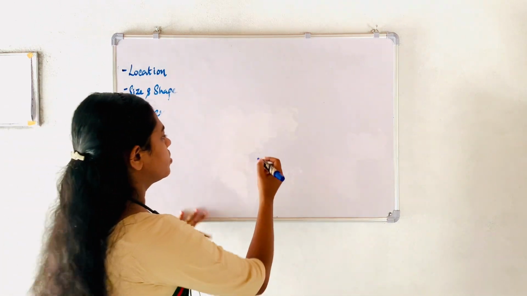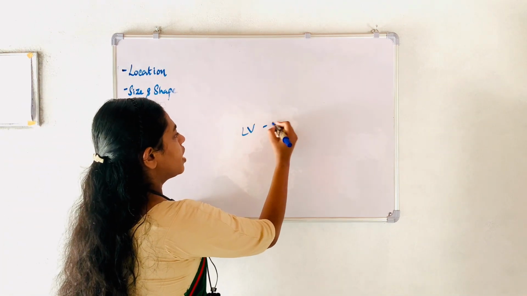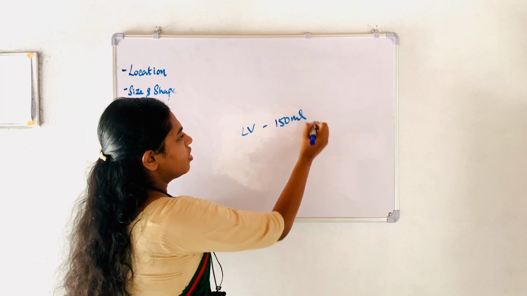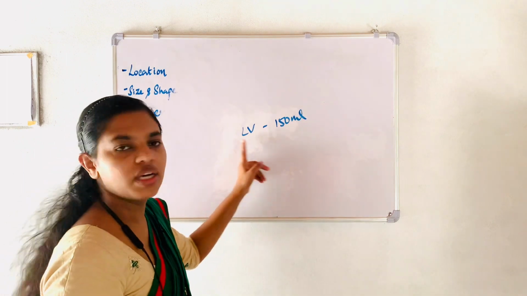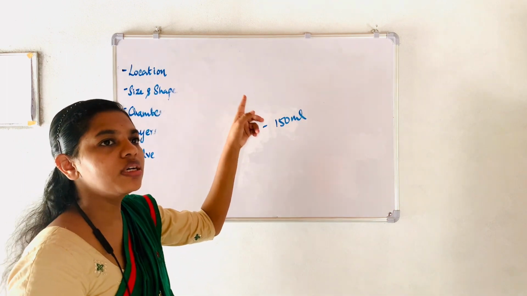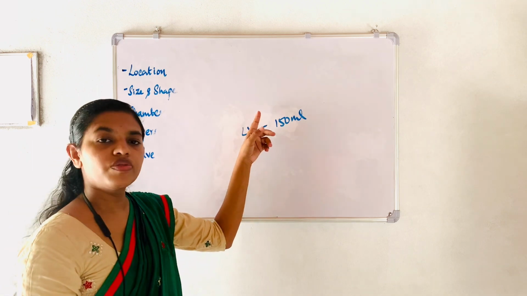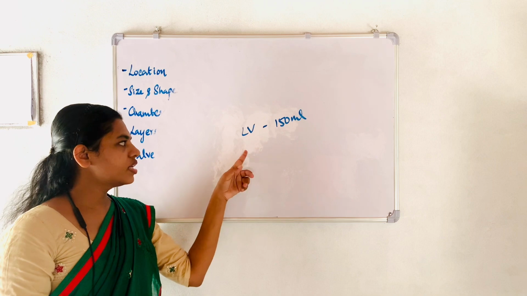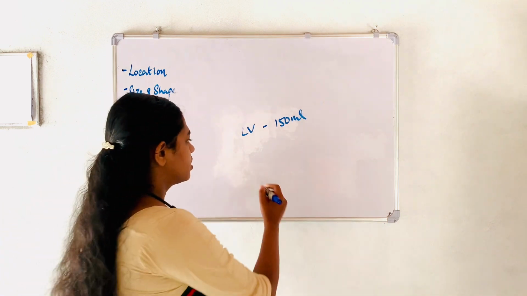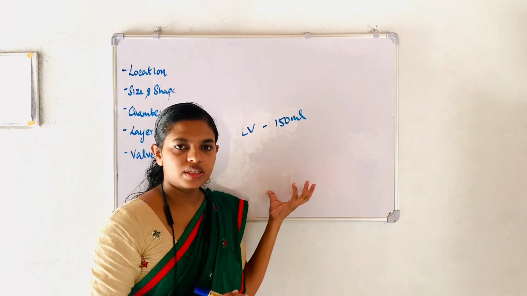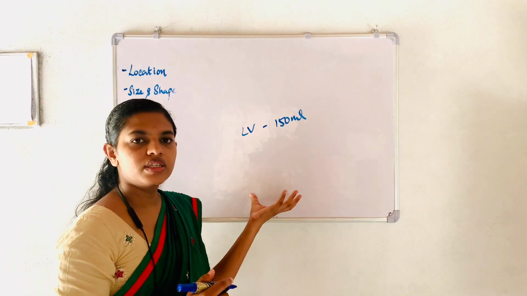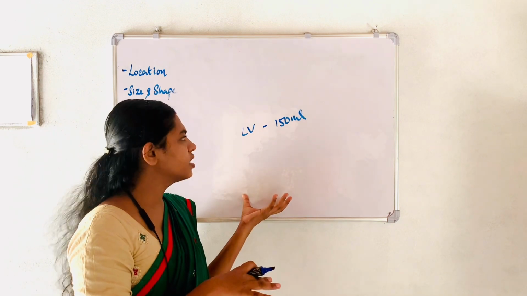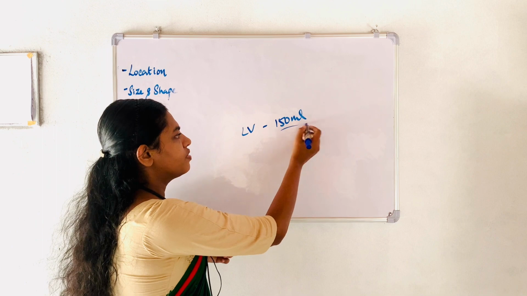Okay, so in left ventricle, around 150 ml of blood is received in the LV. Okay, so from the pulmonary circulation or from the lungs, blood comes to the LA and it reaches the LV. So when the ventricle is relaxing, the amount of blood that gets filled in the LV is around 150 ml.